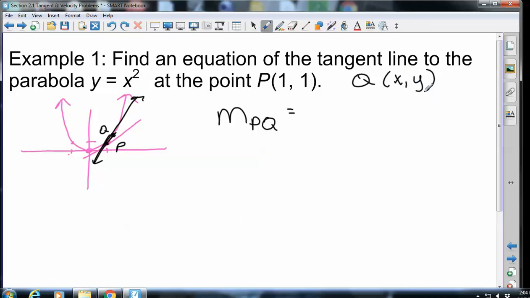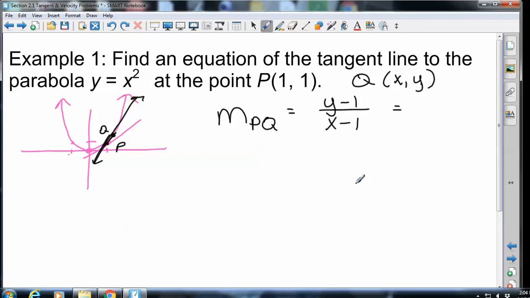Okay, so I'm just going to call point Q (x, y) for a minute. So if I were going to find my slope, I would have y minus 1 over x minus 1. But let's say I don't want a y in my problem. Do I know what y is equal to? Y is equal to x squared.